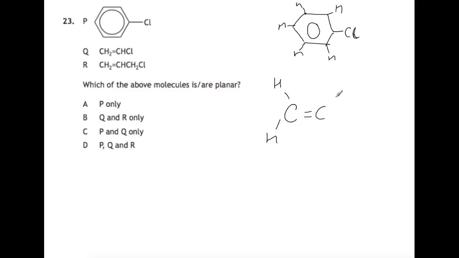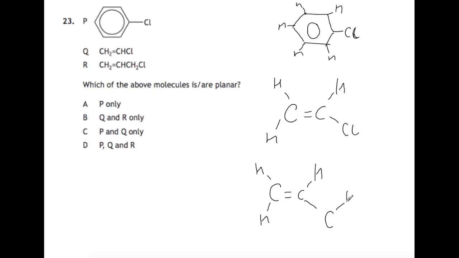Here we have something based on ethene, which is also planar, so all of these bonds are within the same plane, so they're all 120 degrees from each other. And then we have another alkene here, which you may expect to be planar.